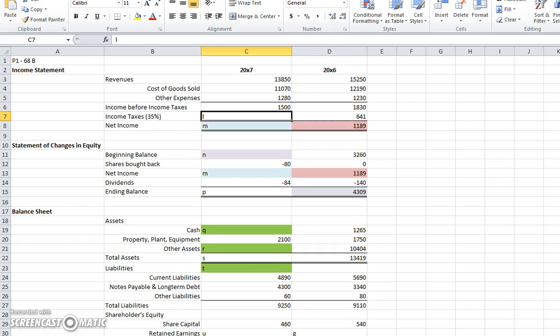Well, now let's calculate income taxes. The income taxes equal your income before the income taxes times 35%, and there you are. So now we'll calculate the net income, which is this figure, the income, and then subtract the income tax, and you've got your net income of 975.